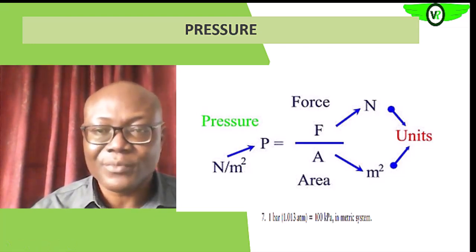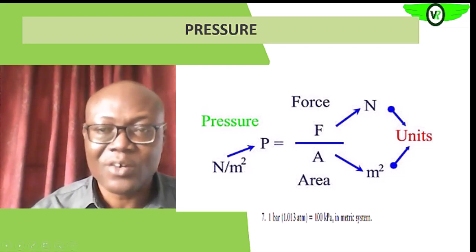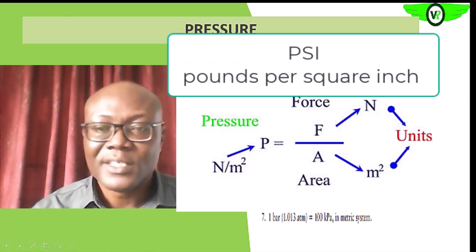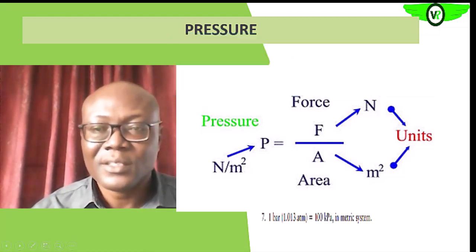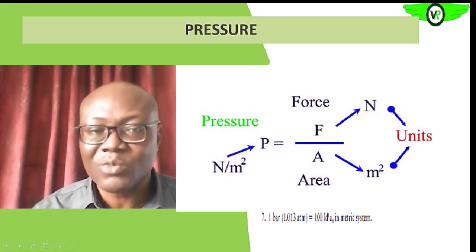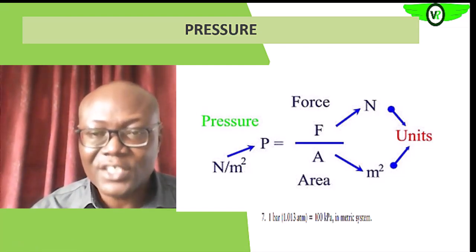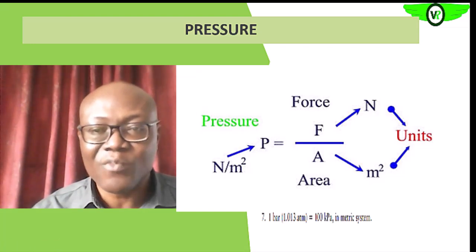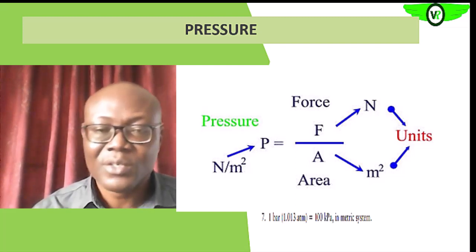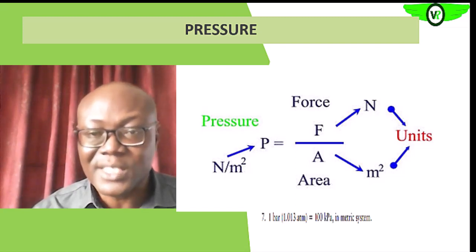We have the PSI, or pounds per square inch. We have the Pascal. We have the Newton per meter square, Newton for force, meter square for area. Then we have the inch or centimeter of mercury, centimeter of water or of mercury, or millimeters of mercury, millimeters of water. Then we have the atmospheric pressure, ATM.